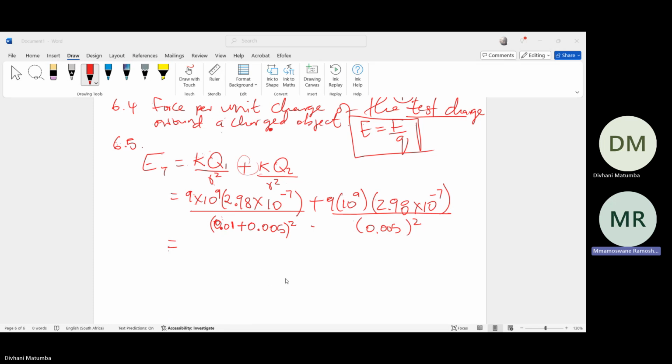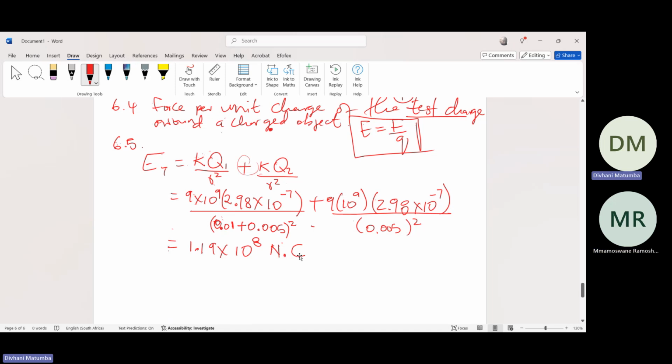It's 1.19 times 10 to the power of 8. The units? It's newtons per coulomb.